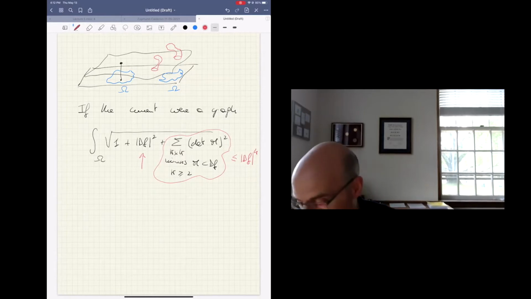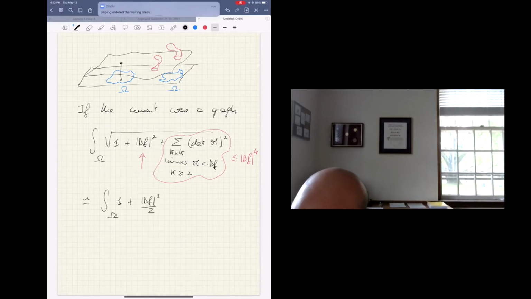After all, if the function f were C1, having taken the tangent at the point 0 to be horizontal means that the modulus of gradient of f is very close to 0. So I can make a Taylor expansion and write my area functional as a constant 1, which is of course irrelevant for the minimization property, and then I have the Dirichlet energy, and then I have higher order terms.